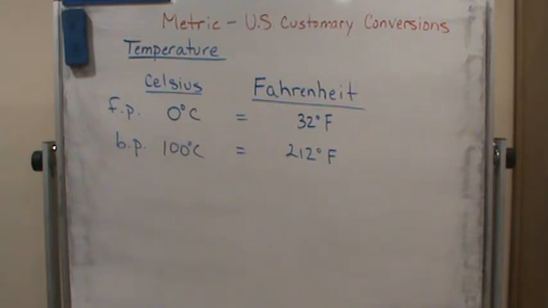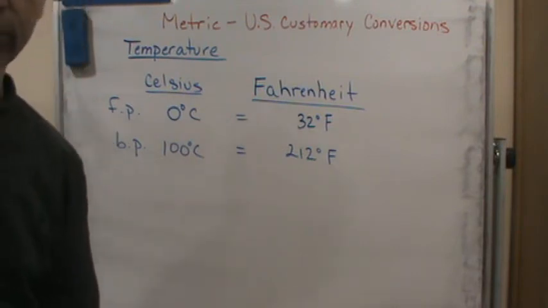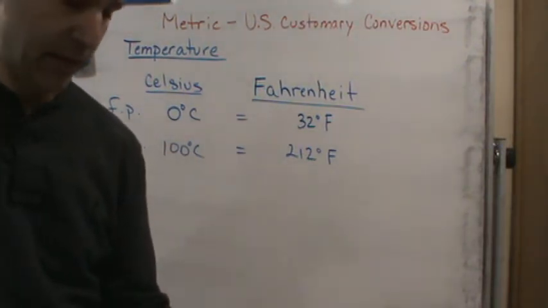I've got to show you a scale, because we can't use conversion factors for this one. It just dawned on me that there is no conversion factor for going from Fahrenheit to Celsius. We'll study more of that in chapter 7.